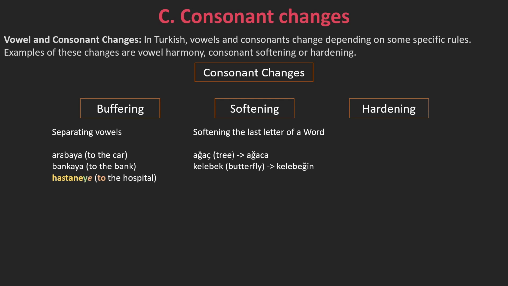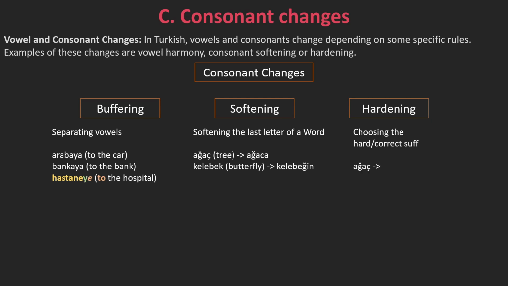Okay, and hardening. Hardening is about choosing the correct suffix. So if the last letter is a hard consonant, you need to choose a hard suffix. So for example, let's go with the ağaç example again. Ağaç.